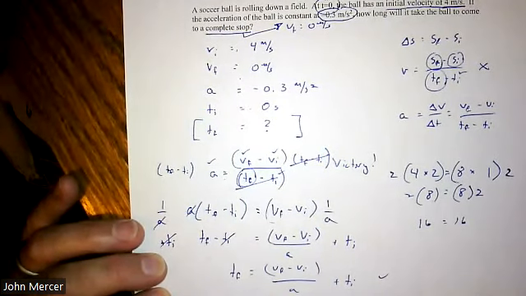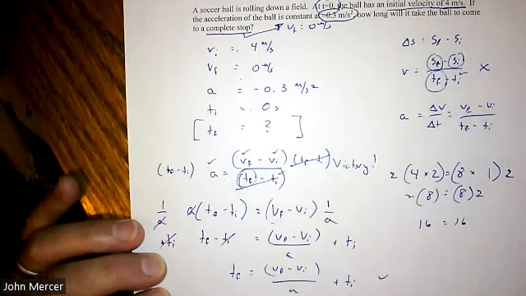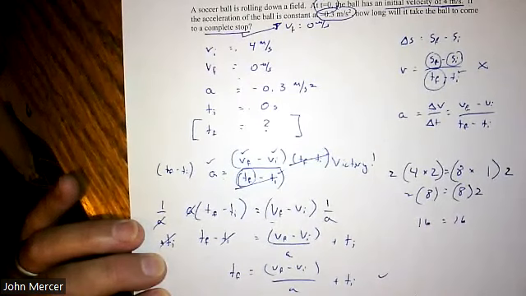and keep your units with the value, minus 4 meters per second, divided by acceleration, which is negative 0.3 meters per second squared. All right, so now I'm going to get 0 minus 4, so that's negative 4 meters per second divided by negative 0.3 meters per second squared.